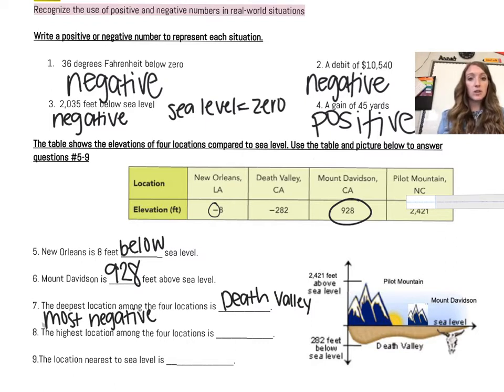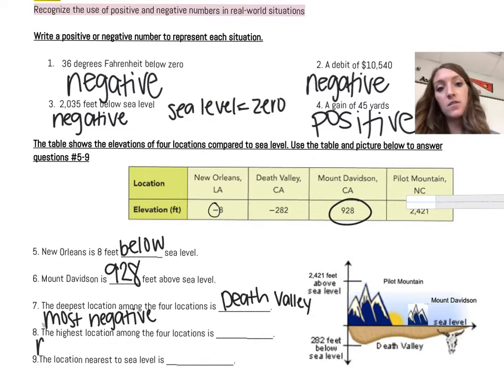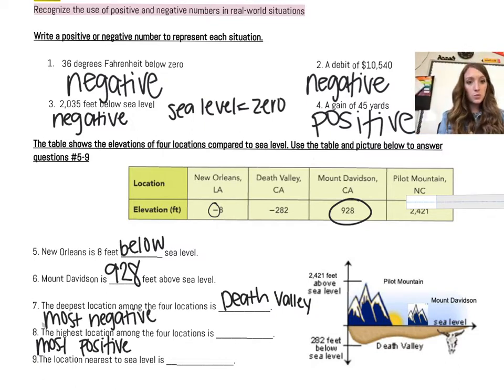The highest location among the 4 locations, or the most positive, would be Pilot Mountain.